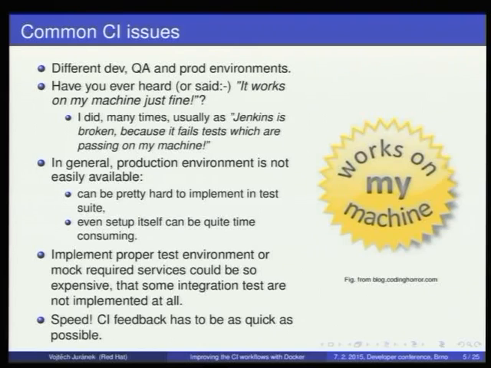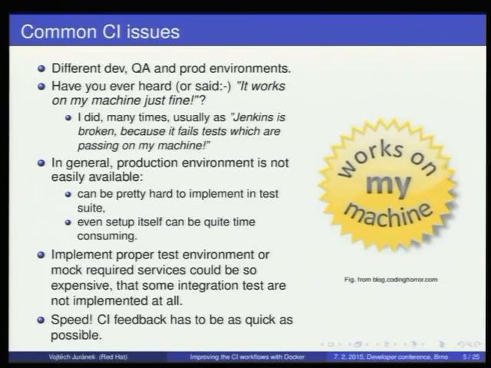And another quite common issue is that developers and QA have a completely different environment, far different from the production environment. So how many of you have ever heard from your colleague, or maybe you even said it, "Hey, how could it happen that it failed, because it worked on my local machine?" Did you ever hear this? I think that yes.